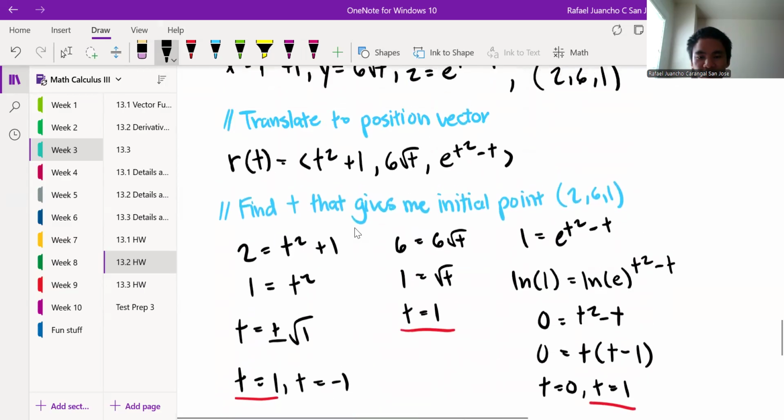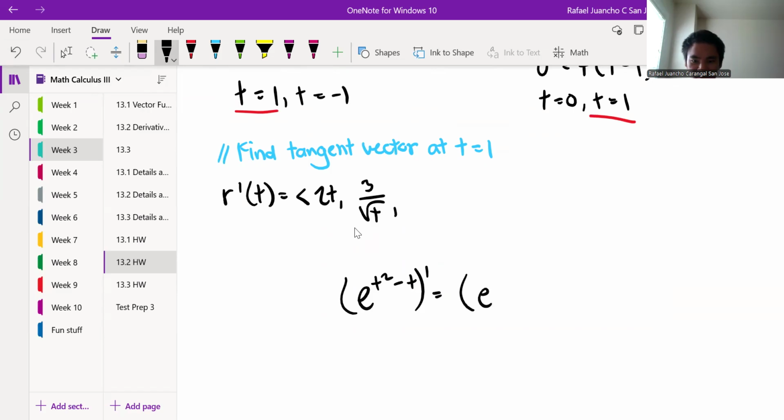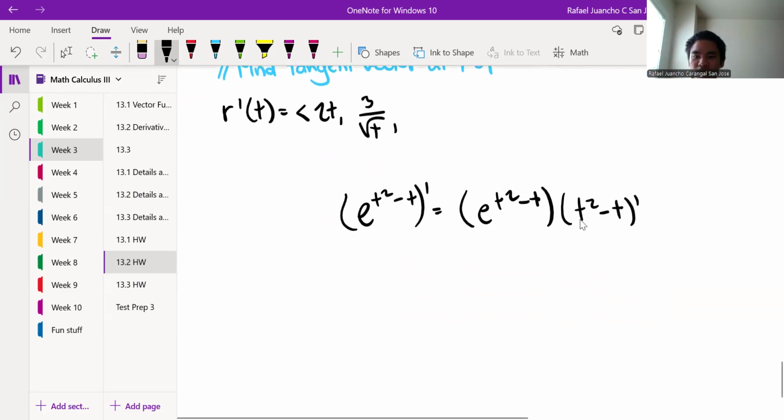And lastly, we have e to the t squared minus t. So we have this thing, this is all in the exponent. So taking its derivative, I'm going to use chain rule. I do the chain rule on the inner function. This one's going to give me e to the t squared minus t.